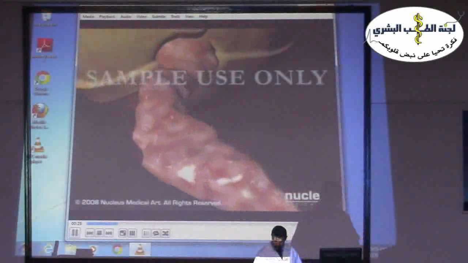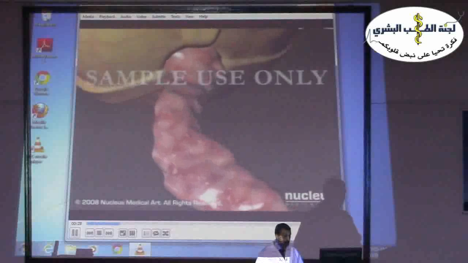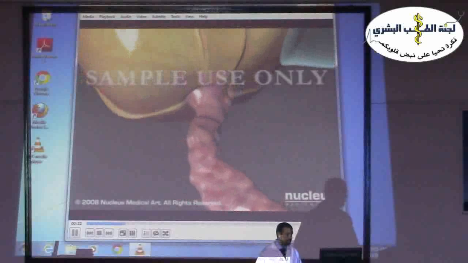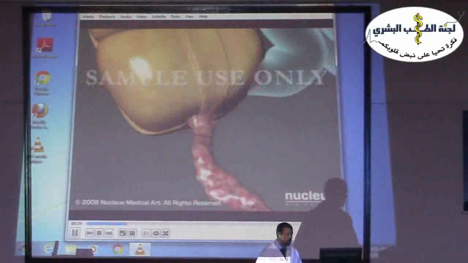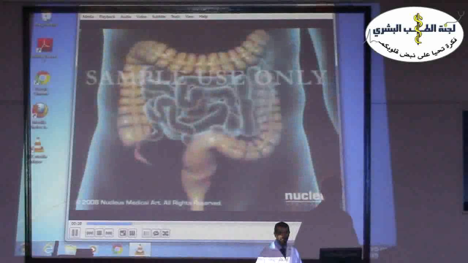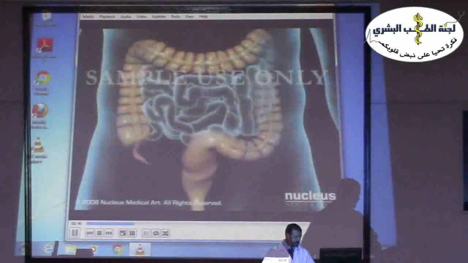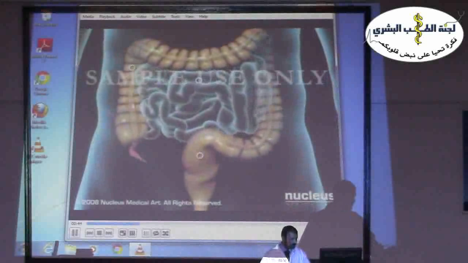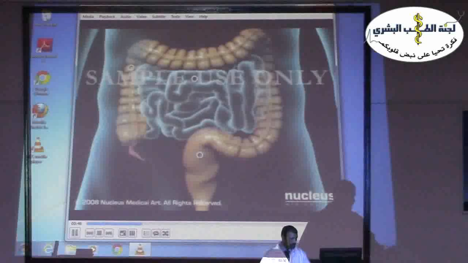If the appendix is not removed, it can lead to a life-threatening perforation or rupture. The only treatment for appendicitis is appendectomy, which is almost always performed on an emergency basis. Many laparoscopic techniques require only tiny keyhole incisions or puncture wounds, which generally result in a shorter recovery period.